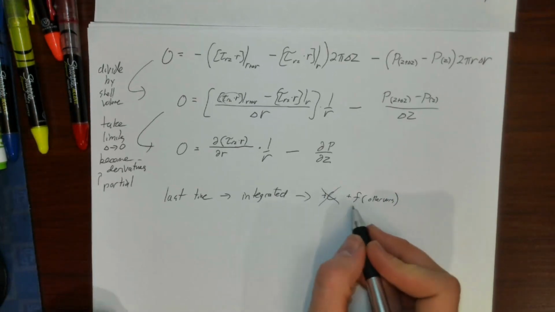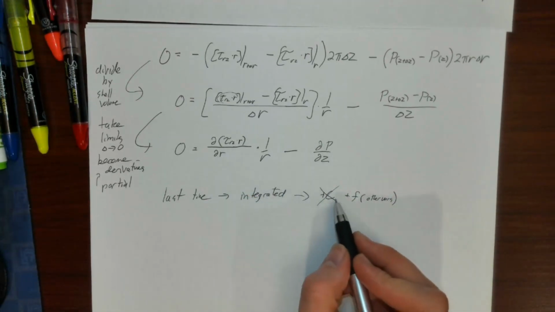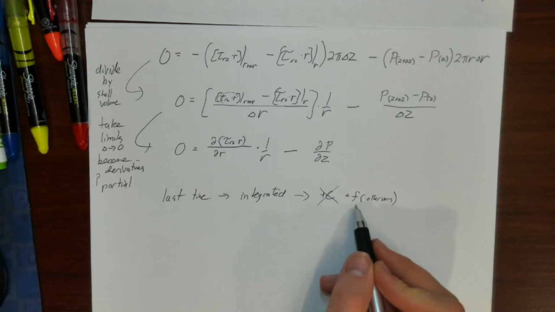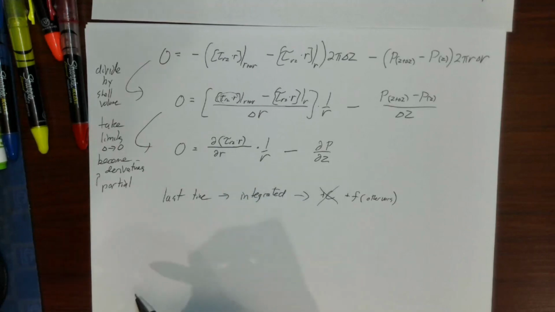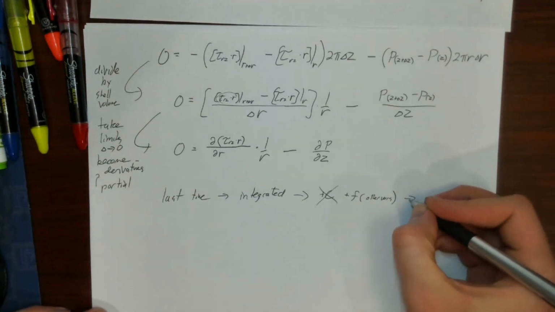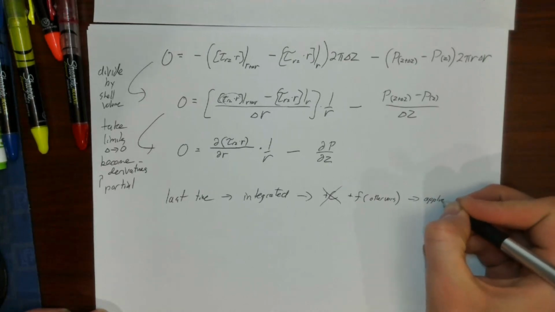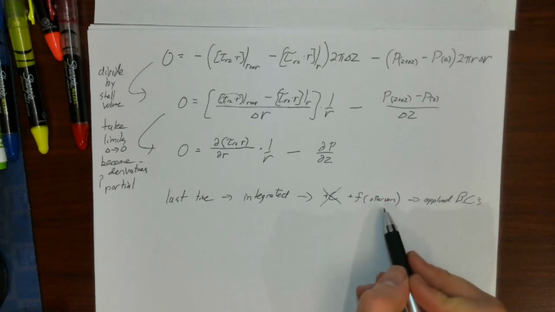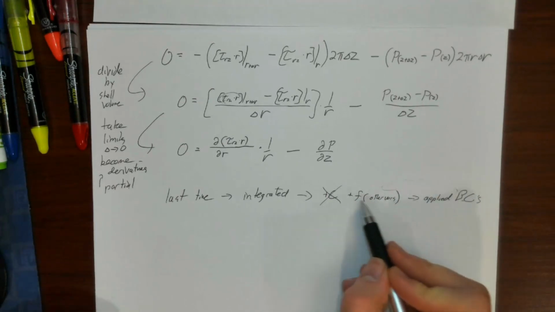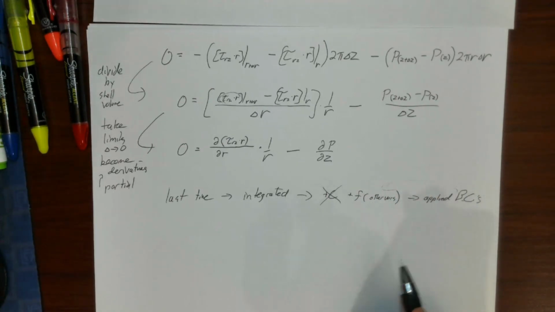When we integrated partial derivatives, we didn't get a constant of integration, but rather functions of all other variables except for the variable that we integrated with respect to. And then we applied boundary conditions to help resolve what this as of yet unknown function of other variables was.